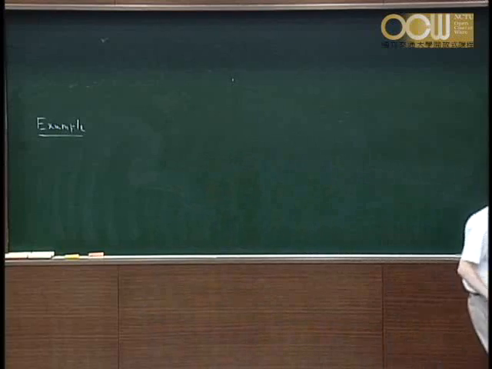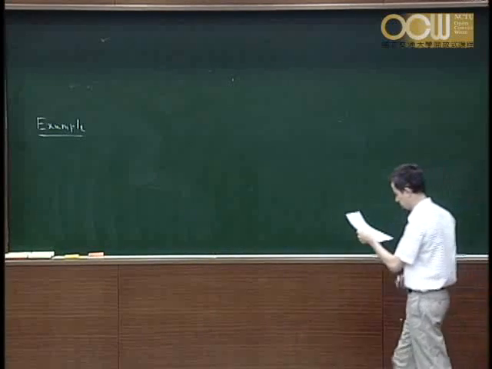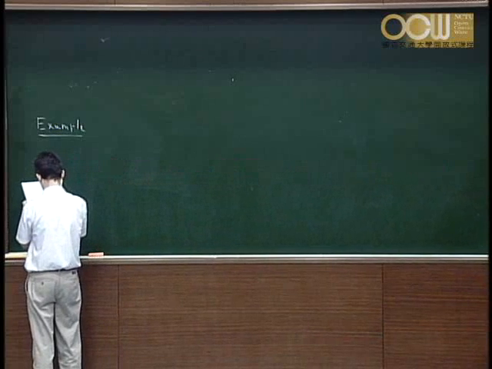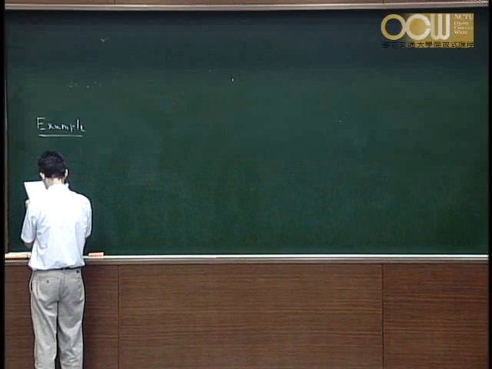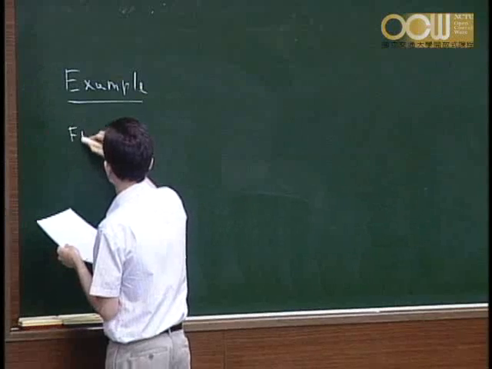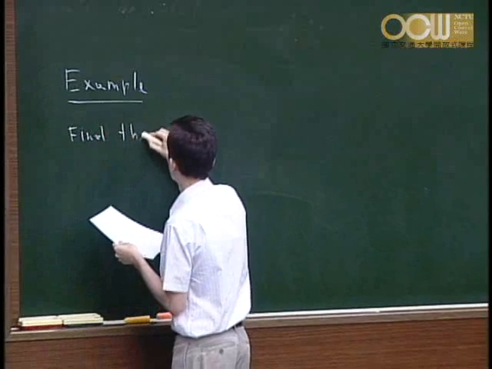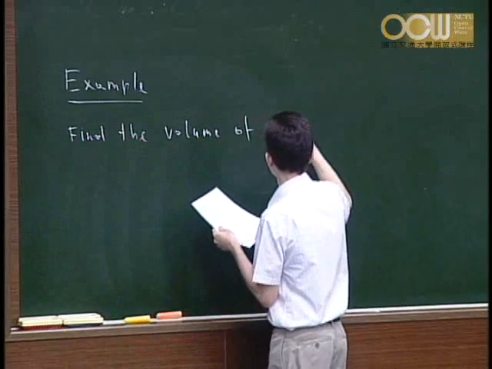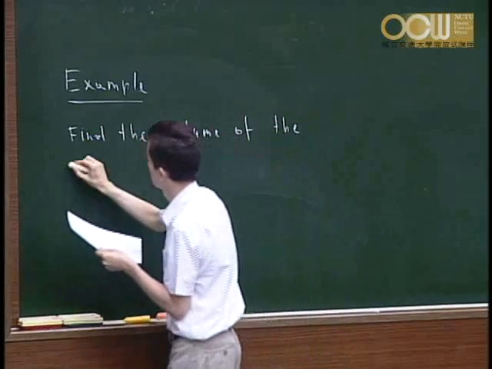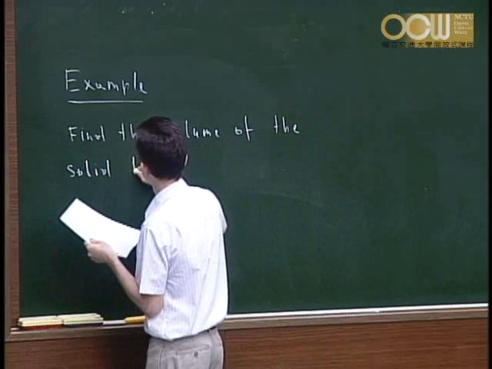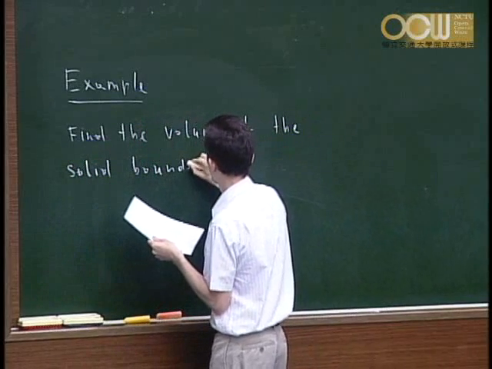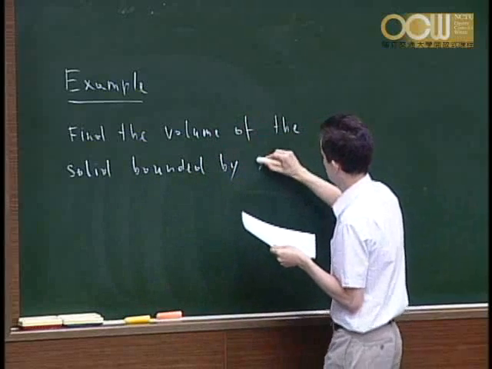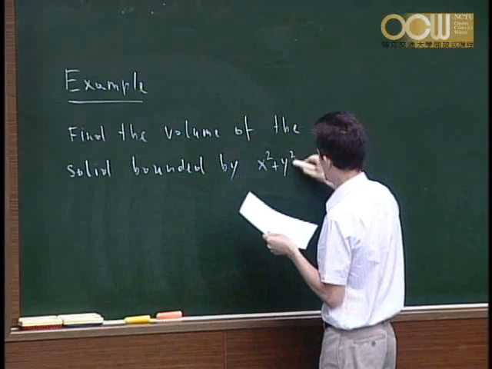So maybe let's use the double integral to find the following volume. So find the volume of the solid bounded by x squared plus y squared is equal to 1.